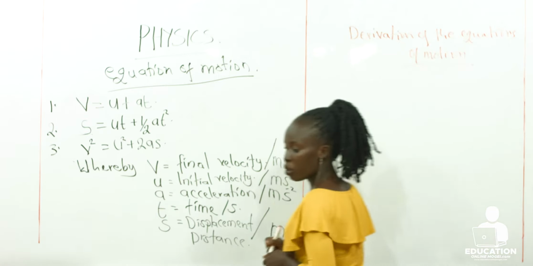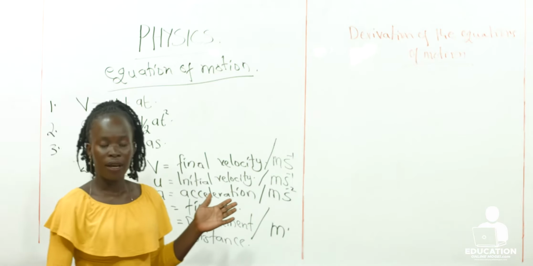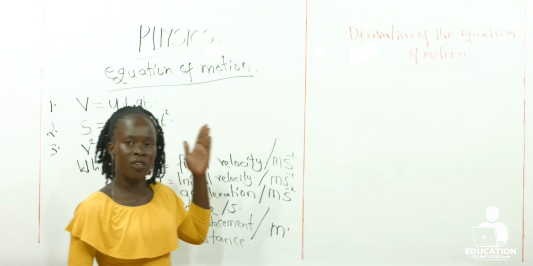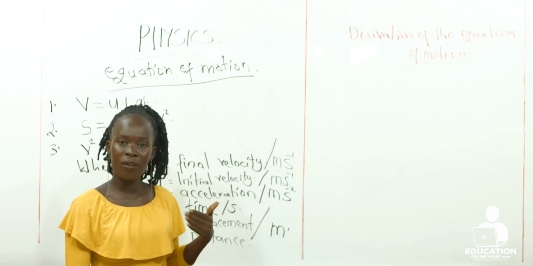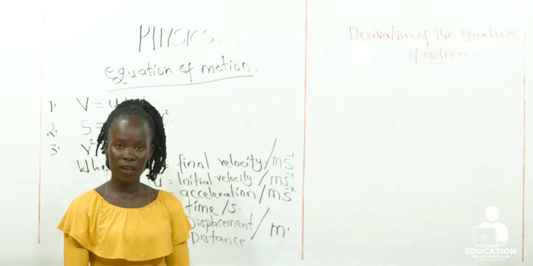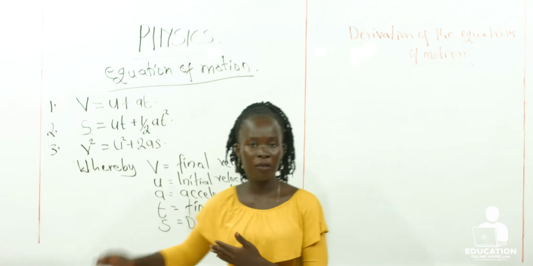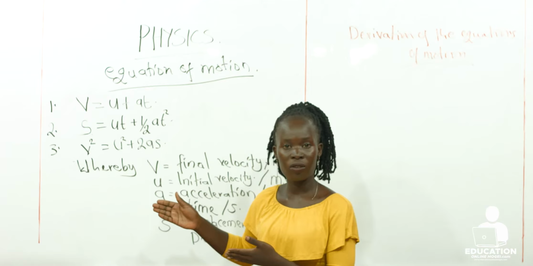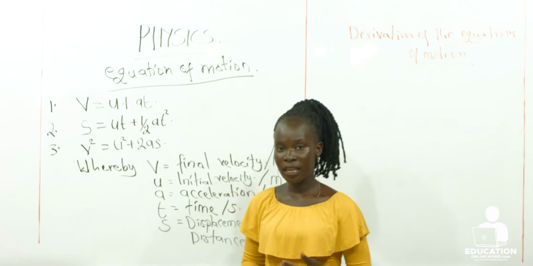When you're deriving these equations of motion, the first equation will lead you to the second, and then to the third, because there is an element you will need from the first equation so that you can substitute it in the next equation. So let us look at this.